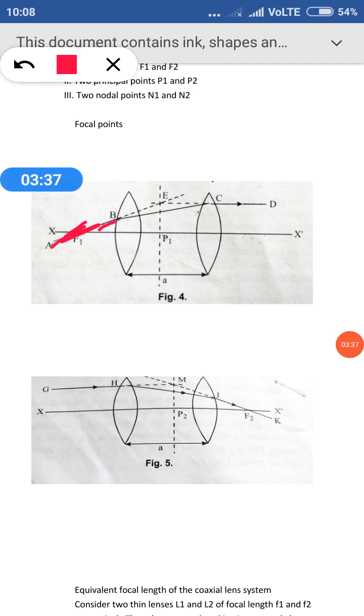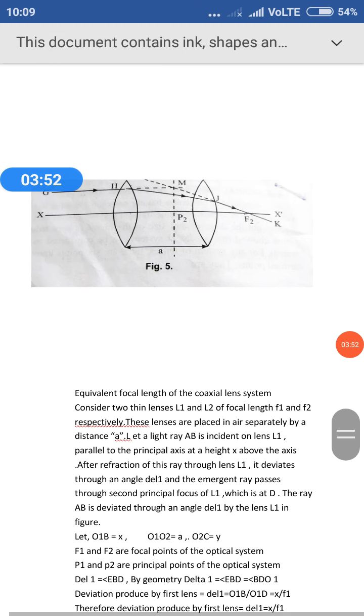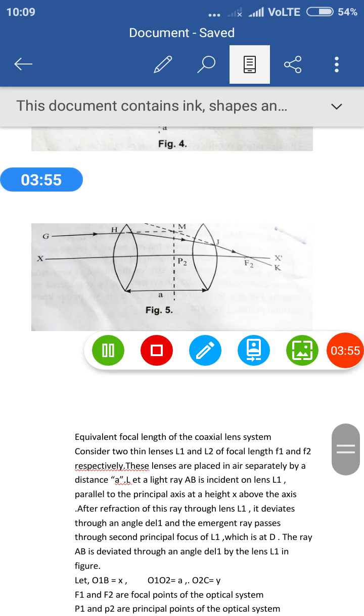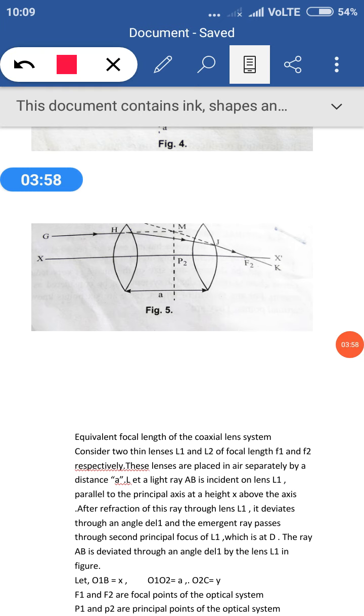If there is no lens, then it will go straight, but there is a lens, that's why it is deviated and covers the path B to C. In figure number 5, the incident ray is already parallel to the principal axis. This is the principal axis and this is the incident ray. After that, it falls on lens 1, deviates and passes through focus 2.